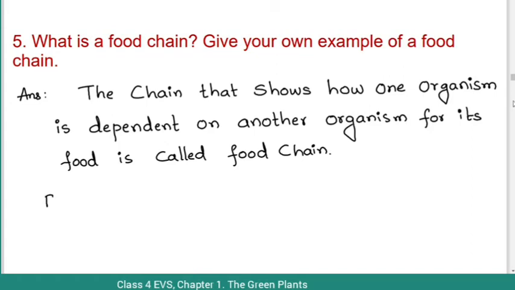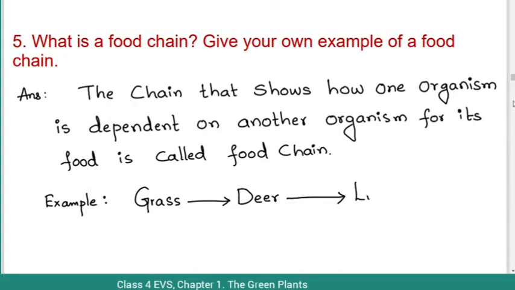For example, grass is eaten by deer and this deer is eaten by lion.